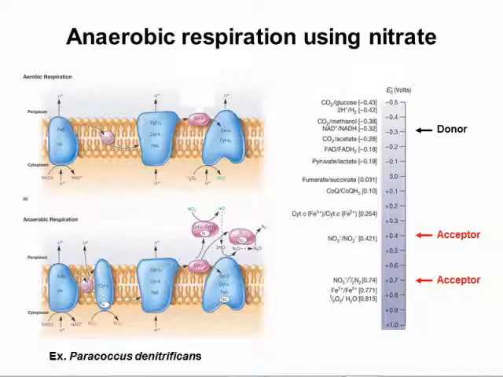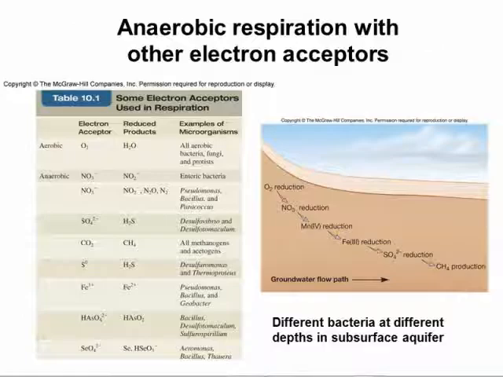When I say best, that means that the half reaction is very, very highly positive. So you use up the oxygen first, then nitrate, then iron, then sulfate, then the other ones that are progressively less favorable electron acceptors. And the last of all is carbon dioxide, which is the worst electron acceptor, only used by methanogens, which are archaea.